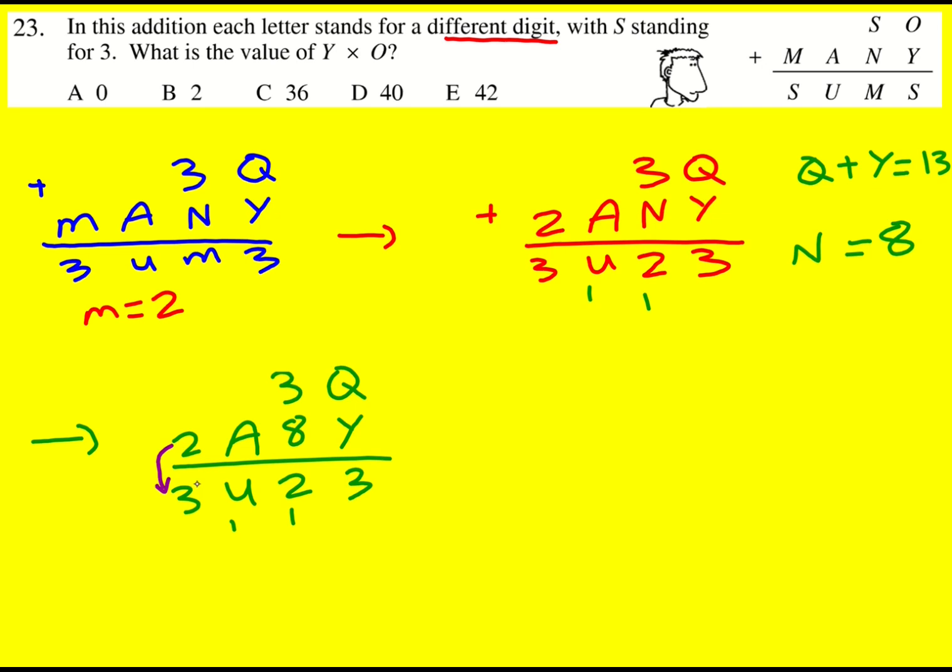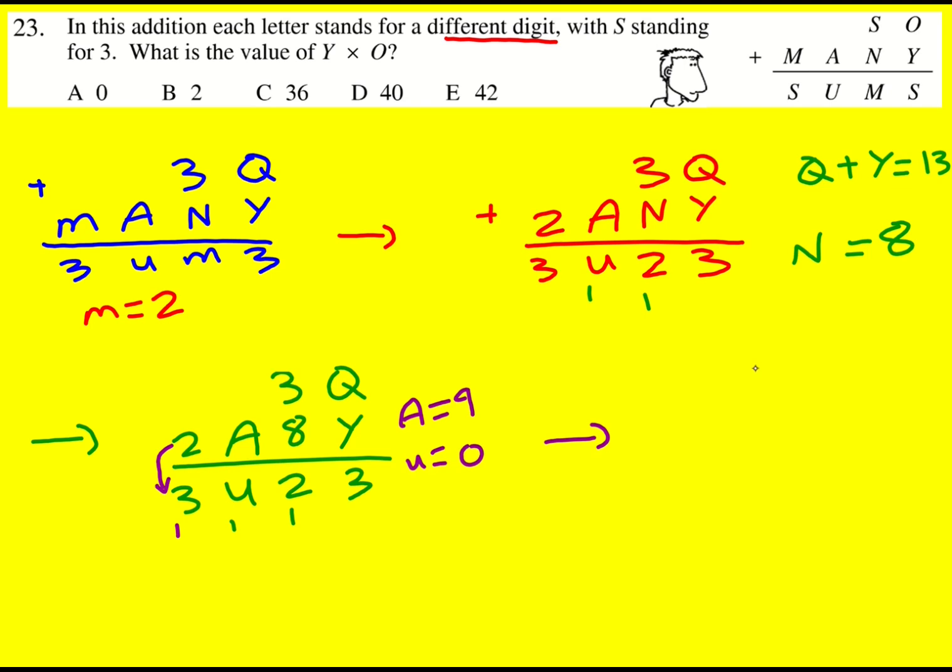Now, to get from 2 to 3 here, we must also carry 1 over from the A, and therefore A has to equal 9. We're going to do 9 plus 1 to make it 10. If A was only sort of 7, then there's no way that you would, with 2,700 and something, adding tens on, get into the 3,000. So we'll do 9 plus 1 is 10, and therefore U is going to equal 0.